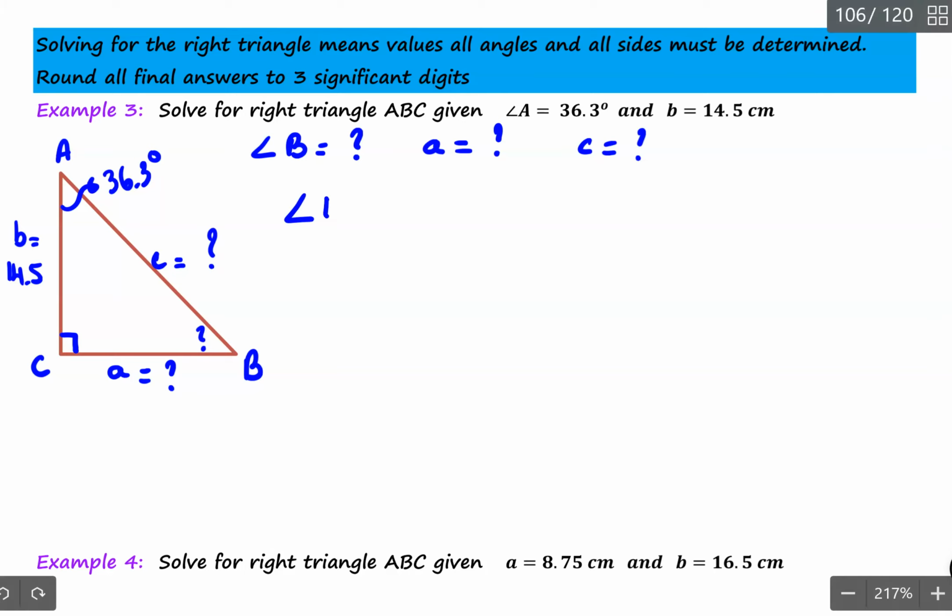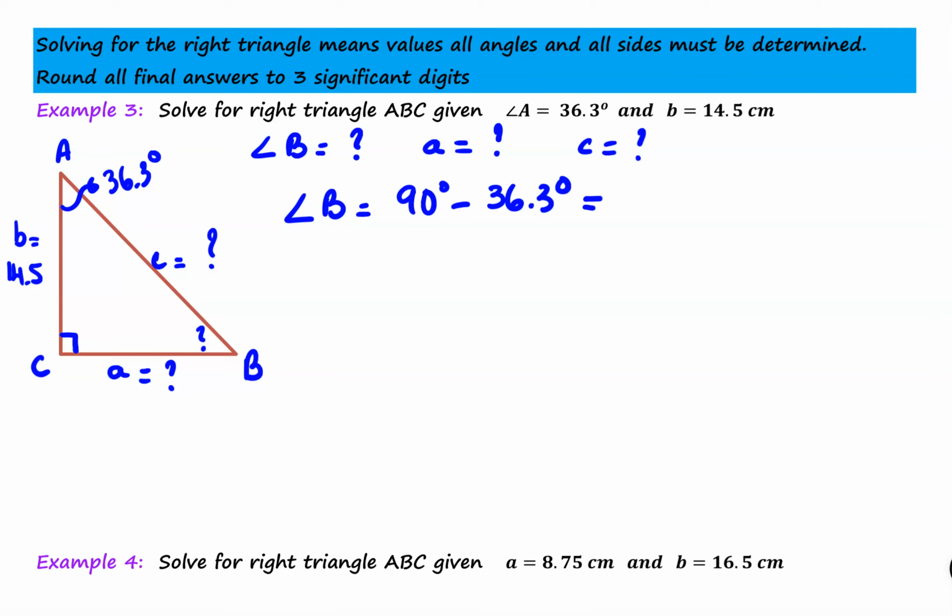So solving for angle B, I will take 36.3 away from 90 degrees, because I know that in a right triangle, A plus B has to be equal to 90. Okay, so I should have 53.7 degrees. So this one is good.